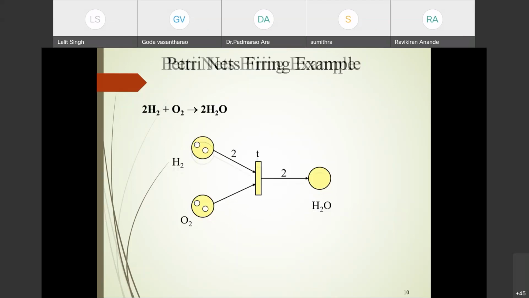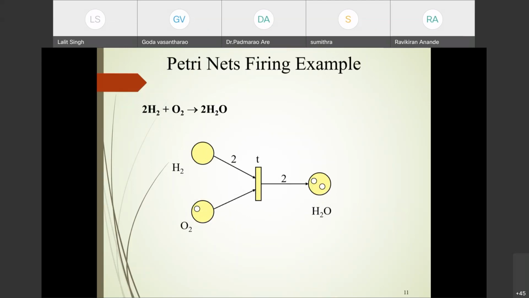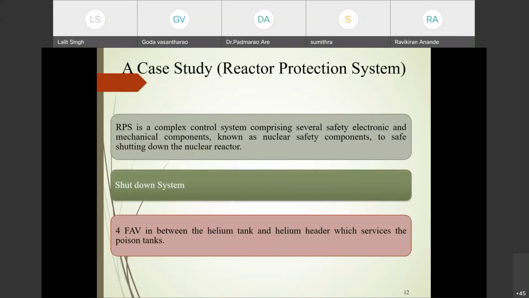After firing of T, it has become 0, 1, 2. Now you can see this is a dead state, because here the transition T is not enabled, because the hydrogen place is not containing those 2 tokens. Although the oxygen place contains a sufficient number of tokens, both input places must contain sufficient tokens. So this is the working mechanism.